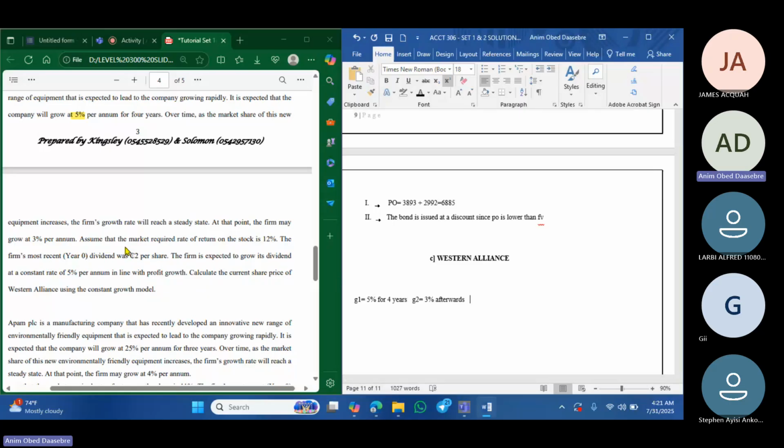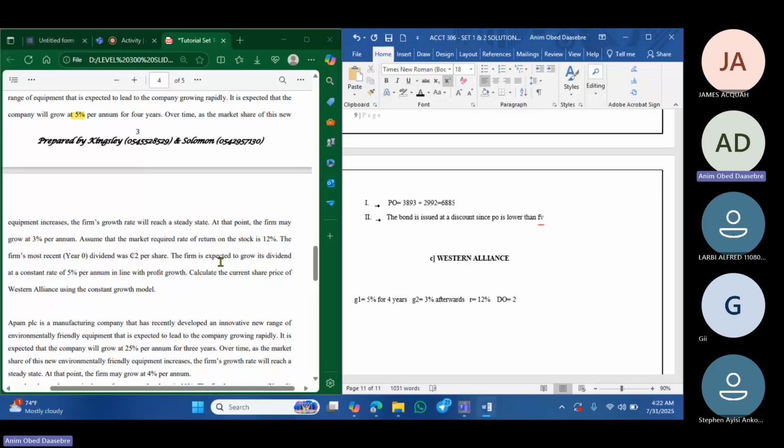Assume that the market required rate of return, R, is 12%. The firm's most recent year zero dividend, the dividend just paid, D0, is what? 2 cedis per share.